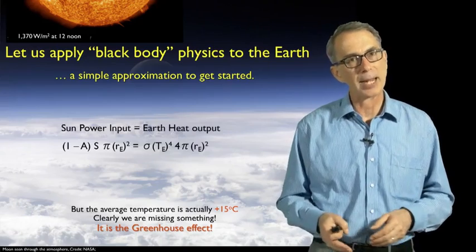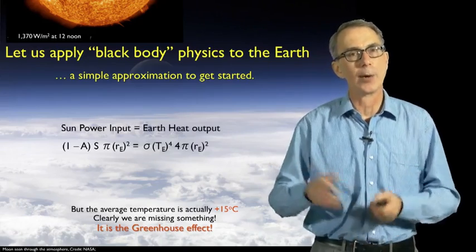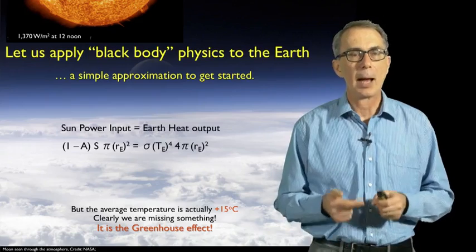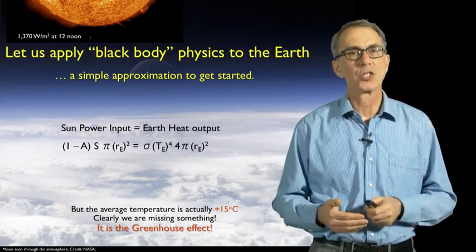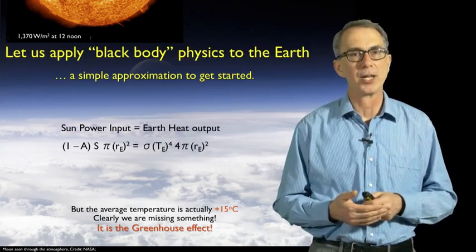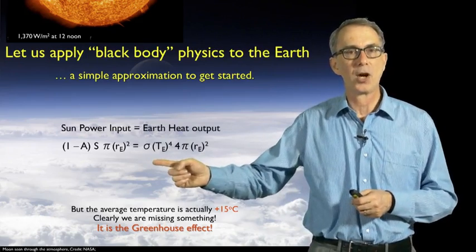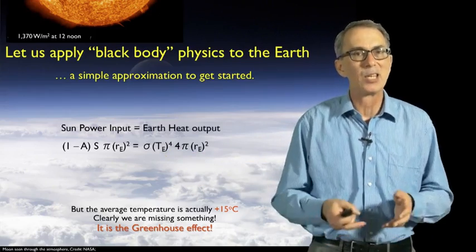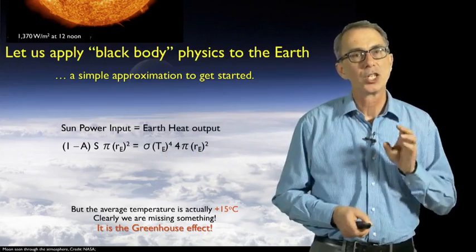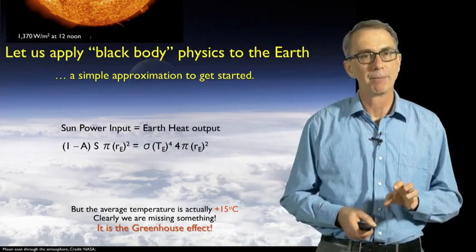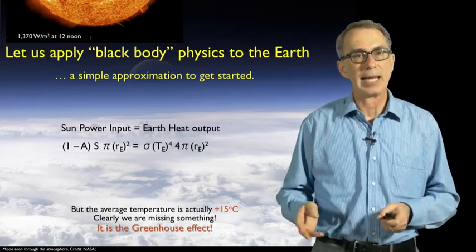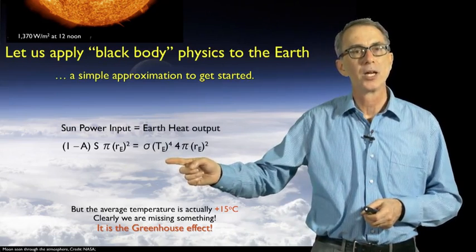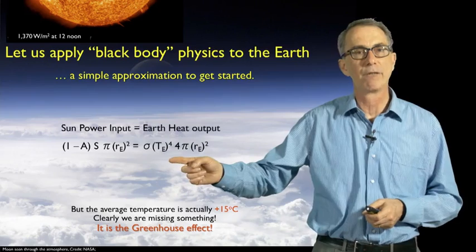And then that's going to be balanced by the loss of energy going out to space from the surface of the Earth. Remember, a black body emits heat radiation or infrared radiation at sigma times the temperature of the black body to the 4th power. Let's say that the average temperature of the Earth is T subscript E. Then the amount of infrared radiation in watts per square metre being emitted is going to be sigma times TE to the 4th power.